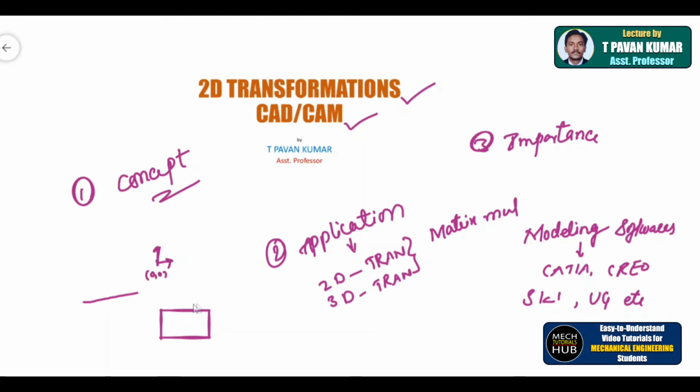Now I want to move this particular rectangle, which is having 4 vertex points. I want to coincide vertex number 1 with the origin. Means point number 1 is going to sit something like this.